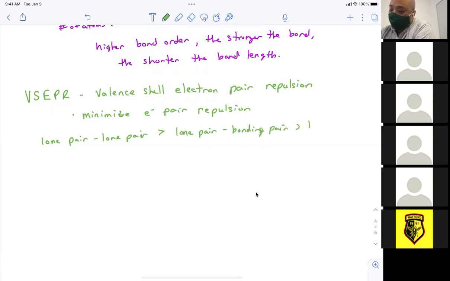And then it's bonding pair and bonding pair. So atoms are the ones that get pushed together as close as possible, and lone pairs get the priority when they're trying to spread out the molecule. So lone pair with lone pair is the strongest repulsion, lone pair with bonding pair is the second, and bonding pairs with each other are the lowest.